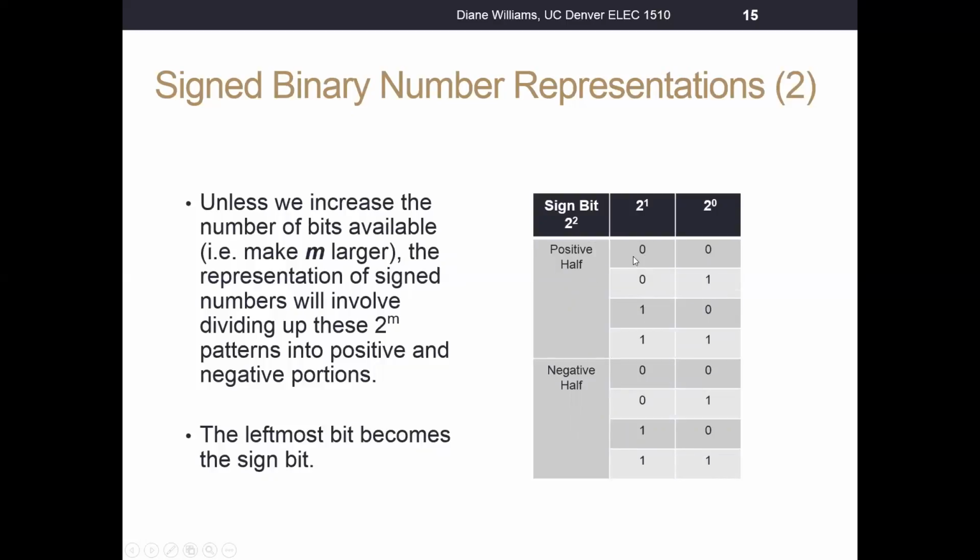If I say this is the positive half, I have 0 0, 0 1, 1 0, 1 1 here. In the negative half, notice I have the same scheme, 0 0, 0 1, 1 0, 1 1. So I only have now 4 unique patterns to represent magnitude or value. This bit will represent a sign. If I treat this half as being positive and this half as being negative, we'll see then how we do that with sign magnitude and what those numbers represent.